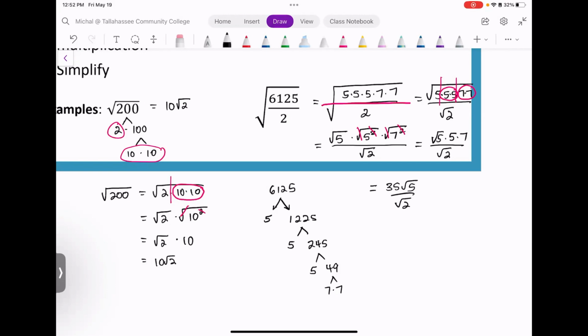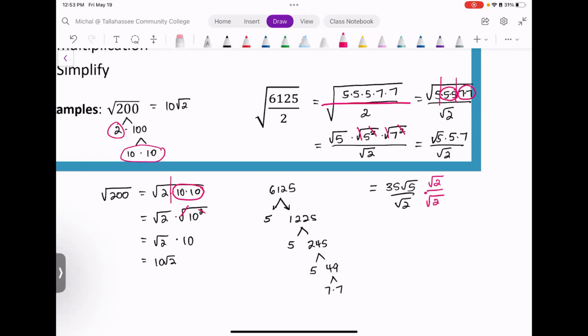So instead, I'm going to use a little trick called rationalizing the denominator, and I'm going to recognize that if I had square root of 2 squared, that would have canceled out my radical. So I am going to multiply by what I need to make this square root of 2 squared. So I'm missing another square root of 2, but I can't just divide by square root of 2. I need to multiply by a fancy form of 1 so that I don't change the value of this fraction.